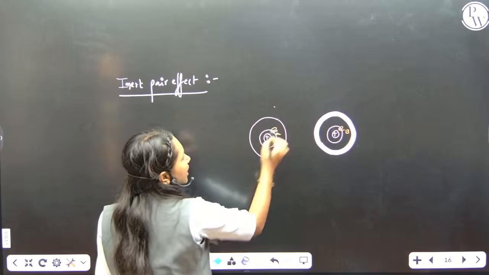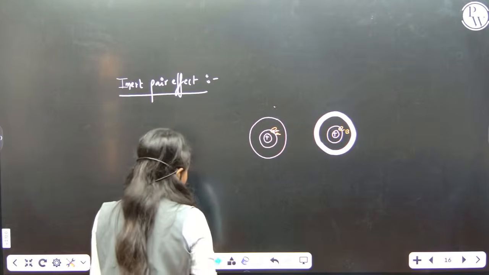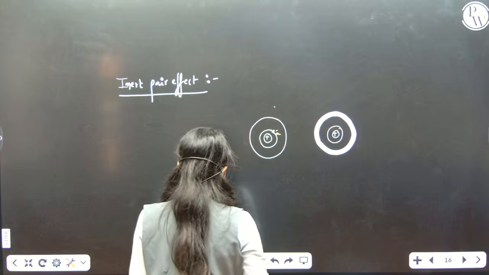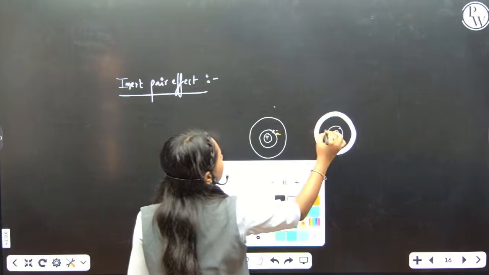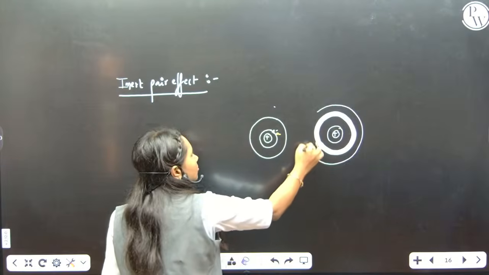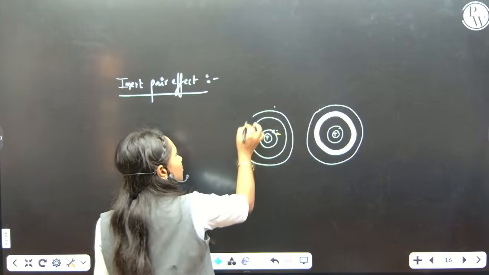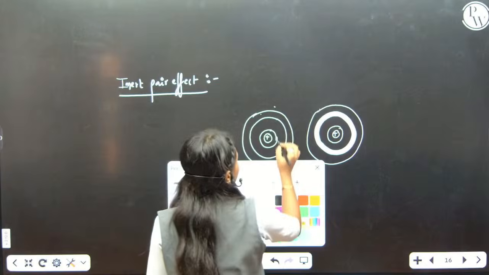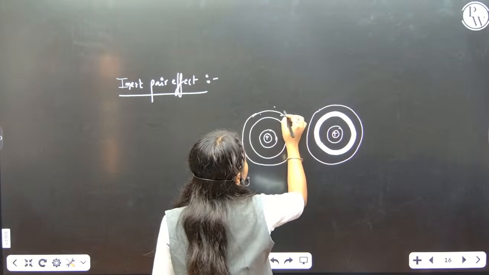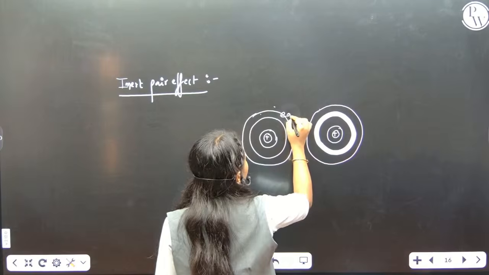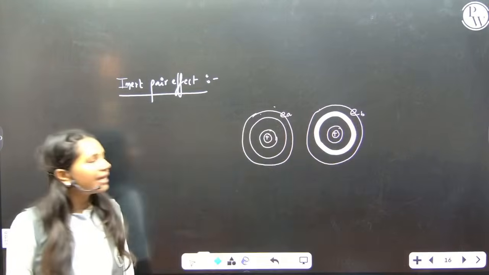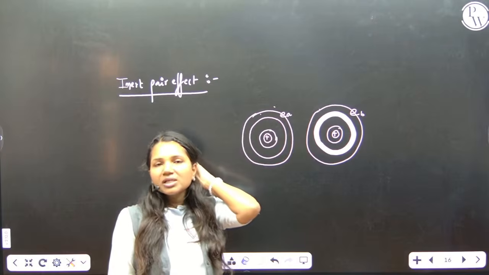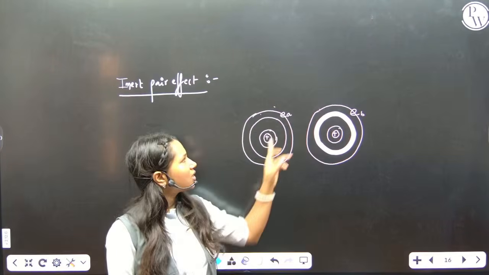If the question is which electron is feeling more nuclear charge, A or B?